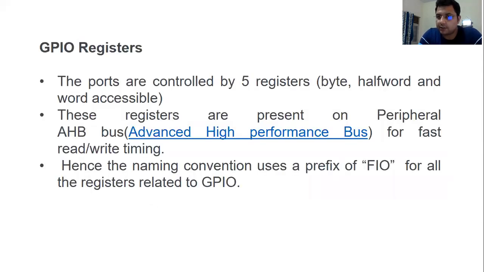So first, our aim should be to understand how to configure any pin for a particular function. It is not just for general purpose input output, because even if you do not write anything to these pin select registers, by default these pins will be used for general purpose input output.